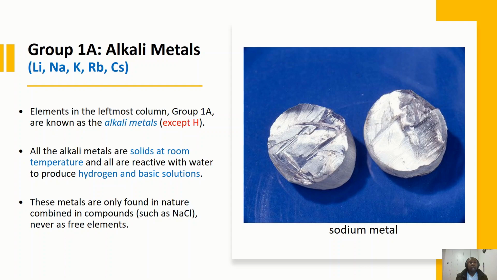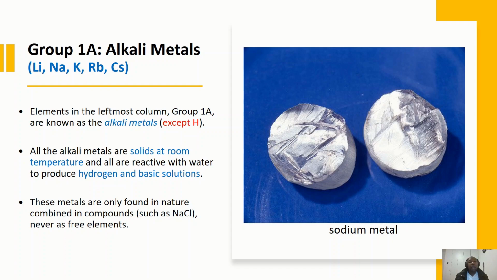If you write the electronic configuration out, you're going to discover that all of them that belong to that group have one electron in their outermost shell. That is why sometimes this group includes hydrogen, because hydrogen has just one electron. But technically, hydrogen does not belong to this group because hydrogen is not a metal.